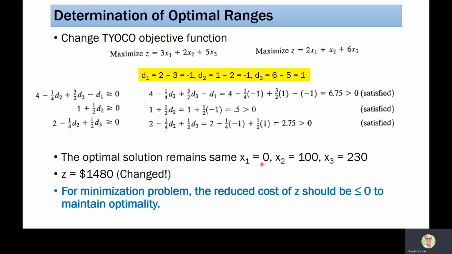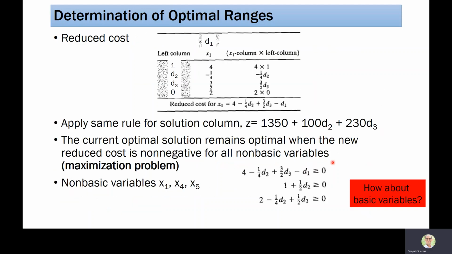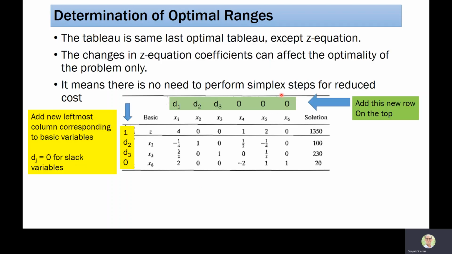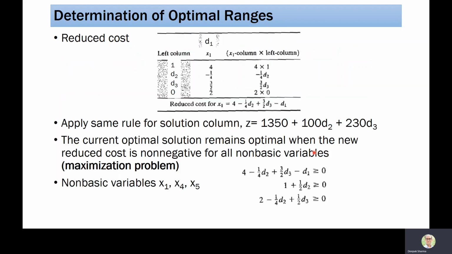So X1 remains 0, X2 is 100, X3 is 230 and Z is 1480. Now here only the Z value is changing. You have to understand this: the values of X1, X2, X3 remain the same. I can show you the optimal simplex table. In the optimal simplex table, X2 is 100, X3 is 230 and X1 is non-basic, so it is 0.